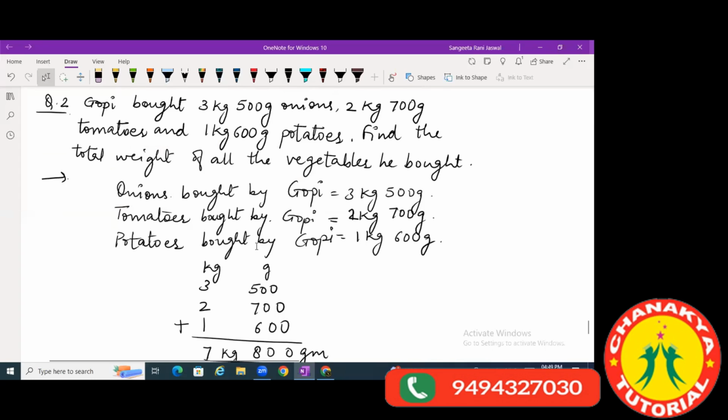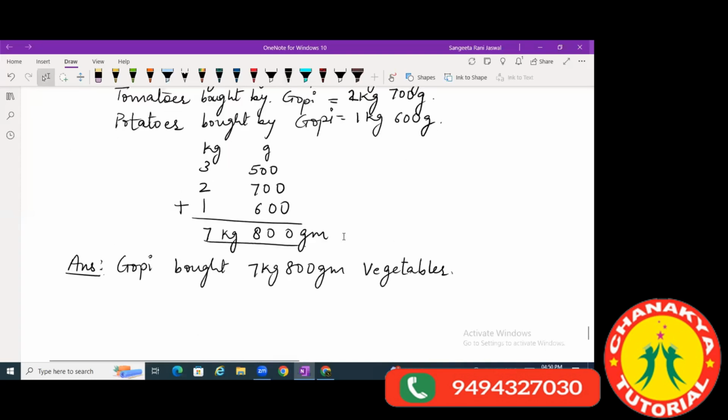So never ever give just the direct answer. Don't just add the weights of all the vegetables and give the direct answer. If you give direct answers in your exam, then you will get only limited marks. Marks are there for every step.